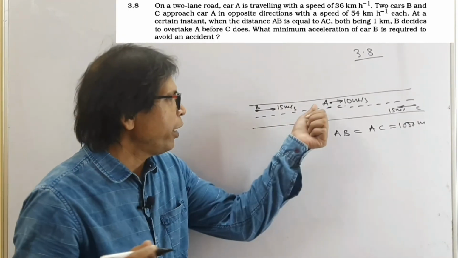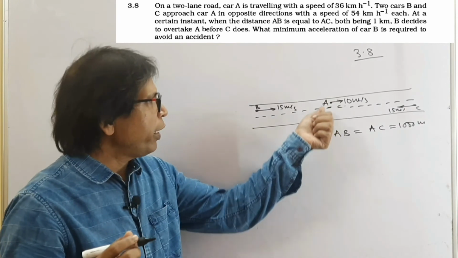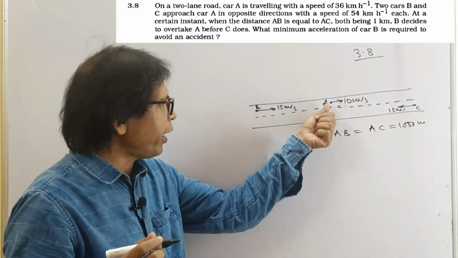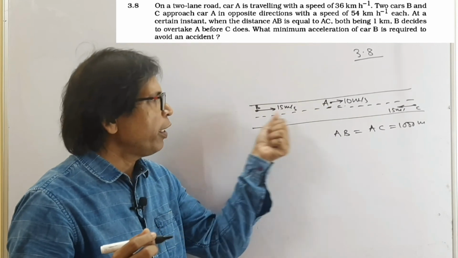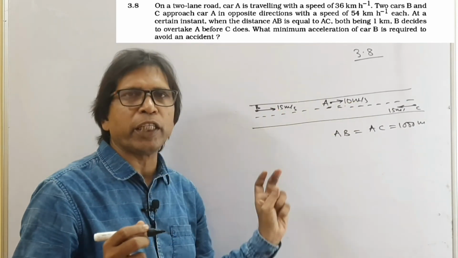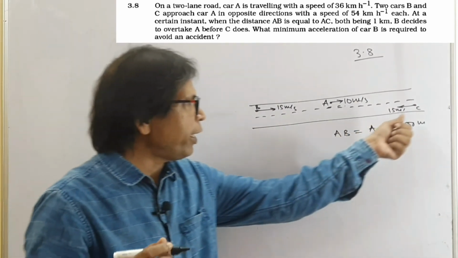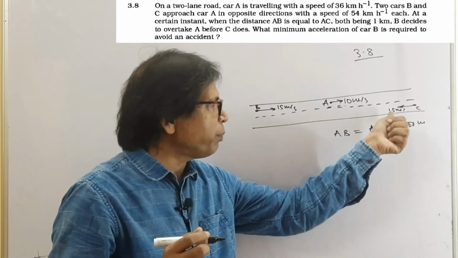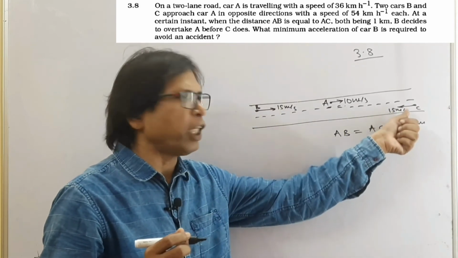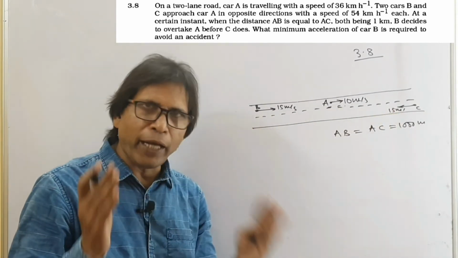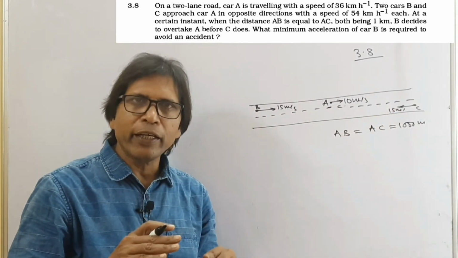On a two-lane road, A and B are moving in the same direction with A ahead of B. Their speeds are 10 meter per second and 15 meter per second, and C in the other lane, coming from the opposite direction, has velocity 15 meter per second. Normally C overtakes A first, then B overtakes.